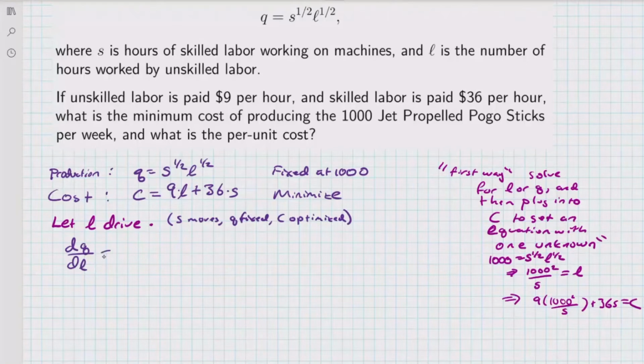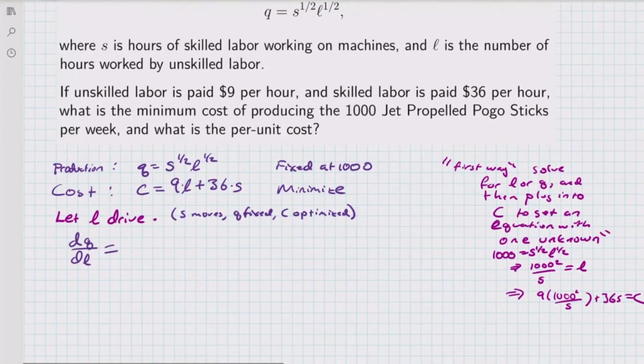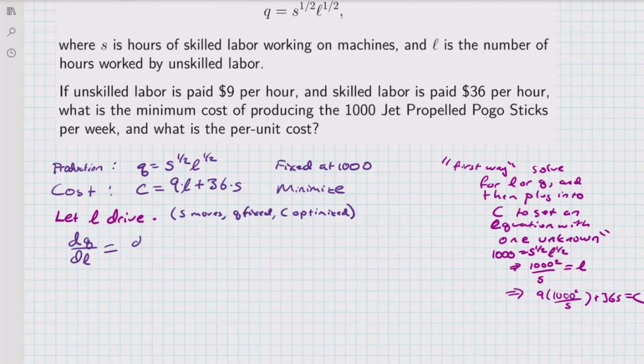So what I'm going to do is take the derivative with respect to L of this. Now this S moves with L. Okay? So since S moves with L, I'm going to have a product rule here. So I'm going to have the derivative of the first times the second plus the first times the derivative of the second.